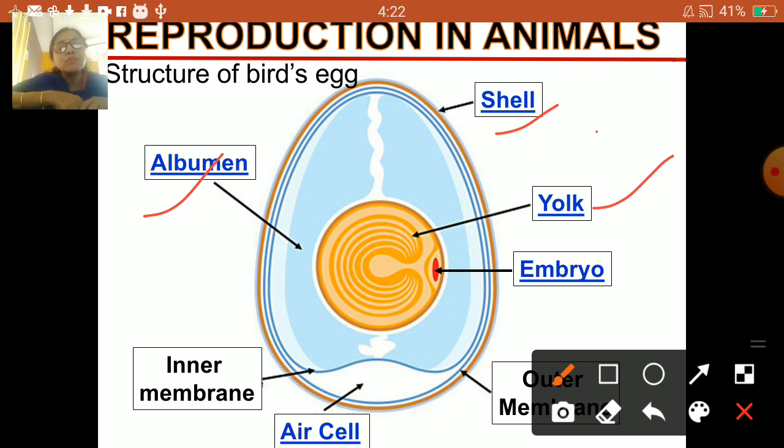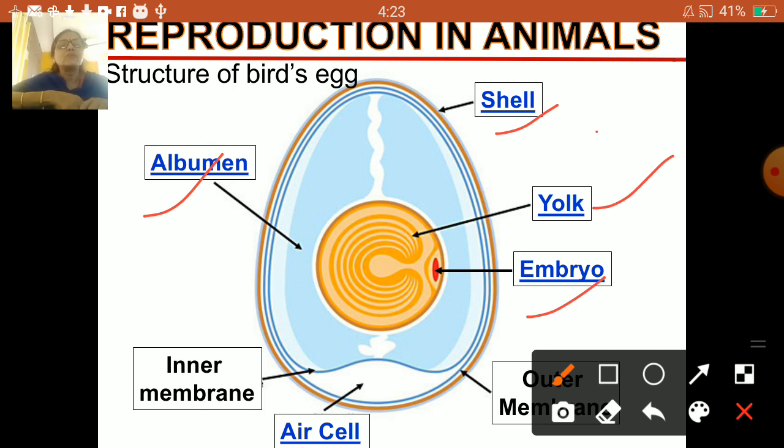And the most important thing is, on the top of the yolk, you are seeing the red color. That is called the embryo, that is the developing baby, you can say.